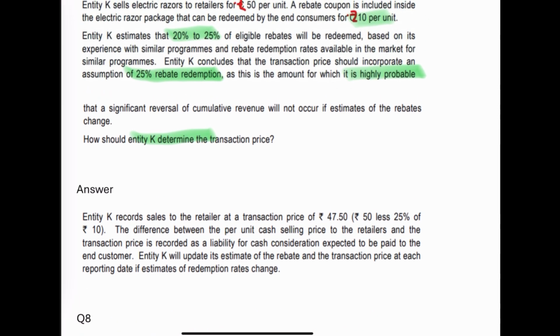So you can estimate 2.5 rupees will be the discount. 50 minus 2.5 is 47.5, which will be the transaction price, and the initial receipt of those 2.5 rupees will be categorized as liability, and revenue should be recognized at the best estimate price of 47.5 per electric razor.